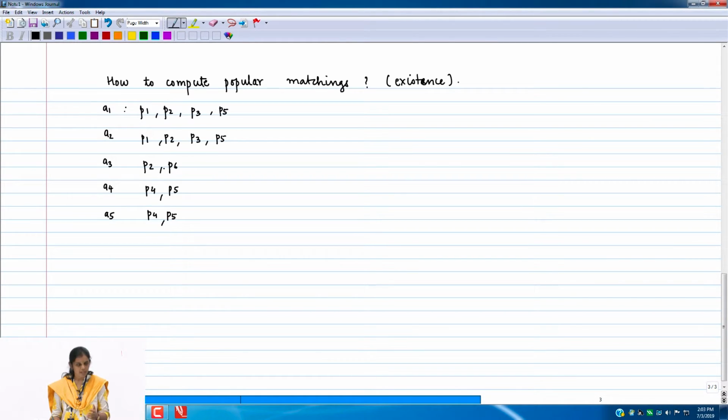So, we seem to suggest that we should give priority to the top choice post, right? So let's ask what every applicant's top choice post is. If we draw this graph where every applicant just looks at its top choice post, then A1 has an edge to P1, A2 has an edge to P1, A3 has an edge to P2, A4 has an edge to P4, and A5 also has an edge to P4, right?